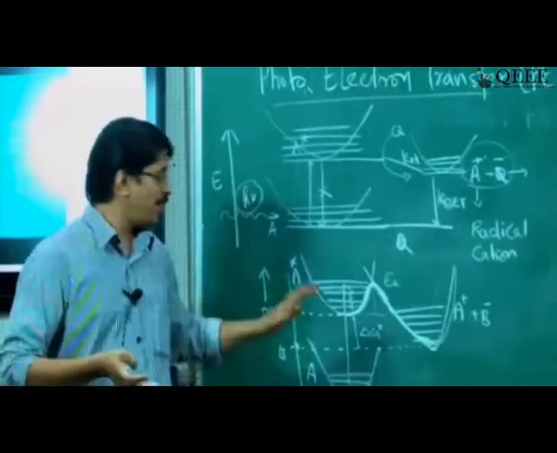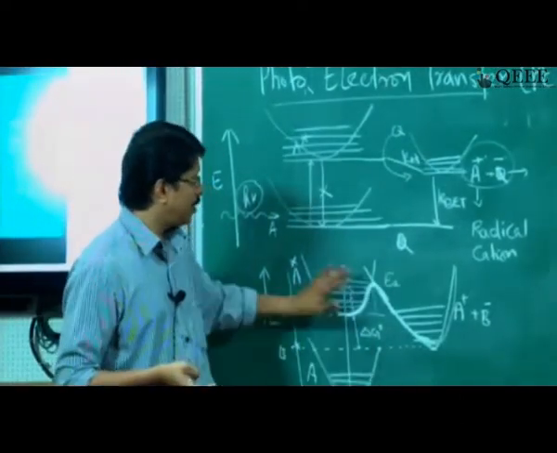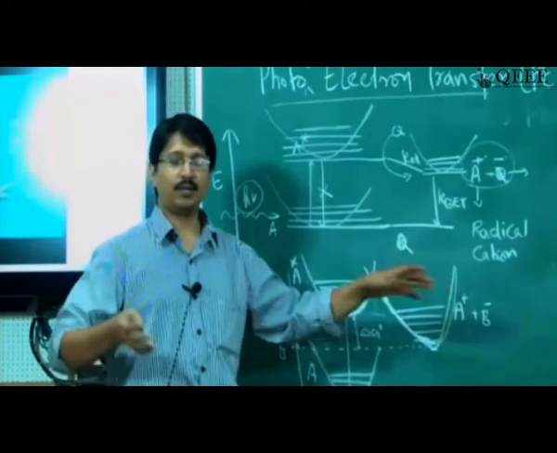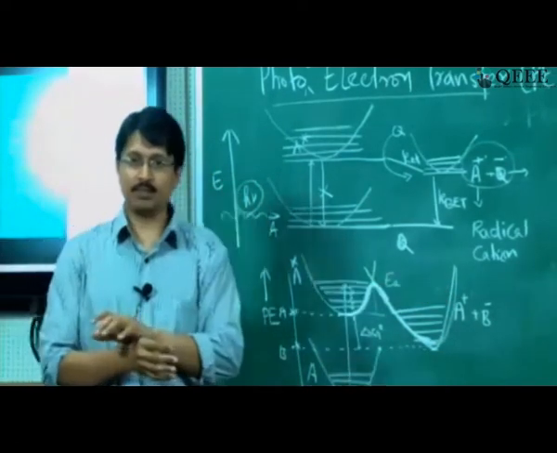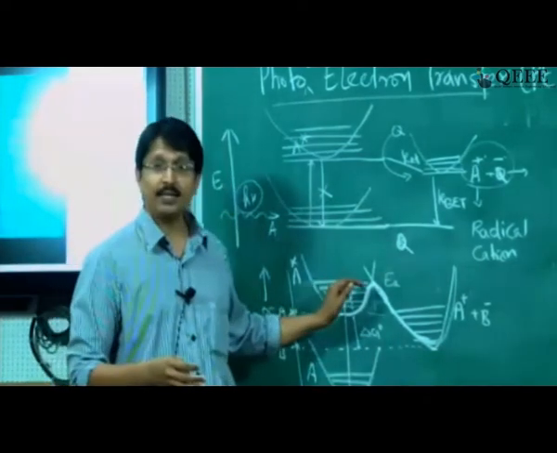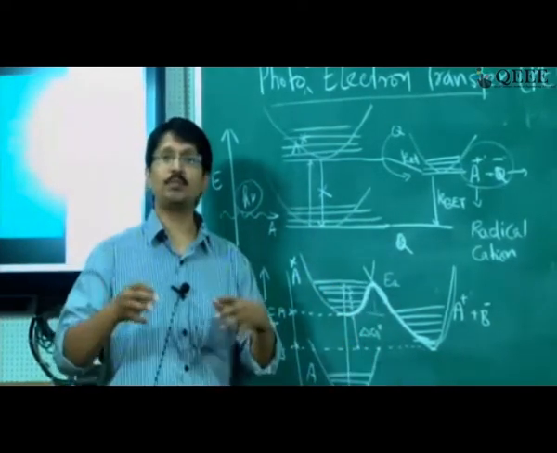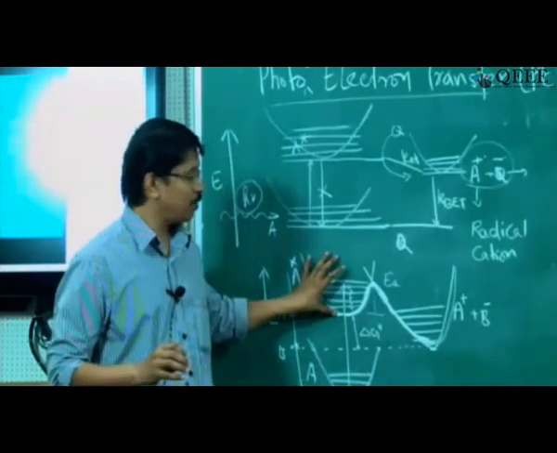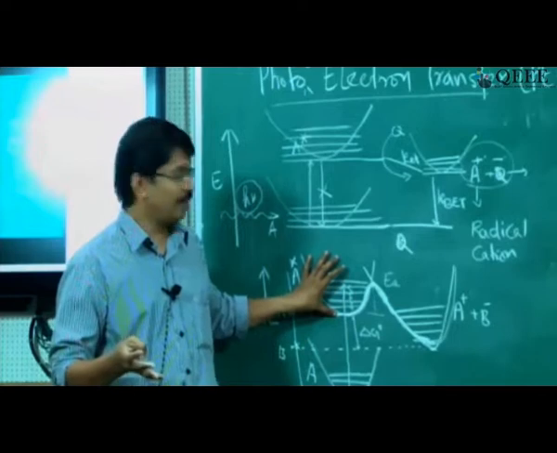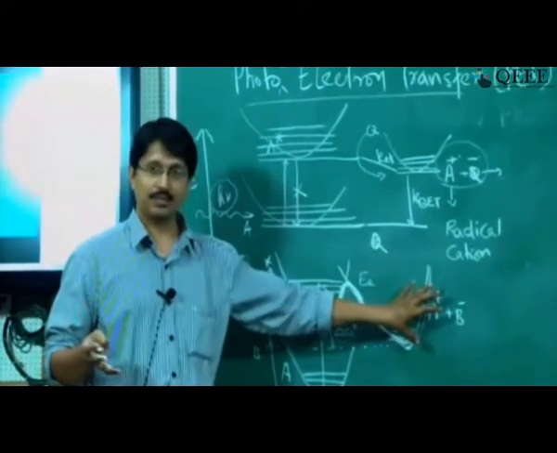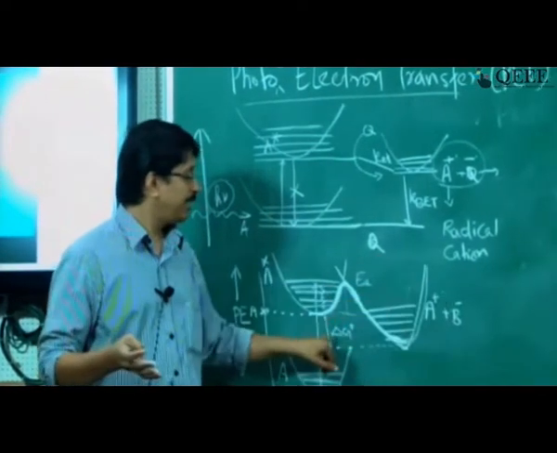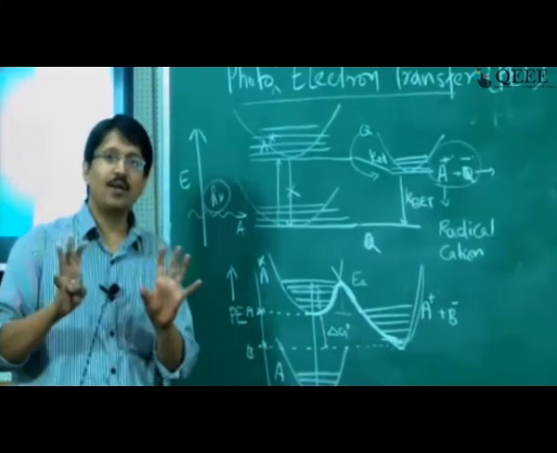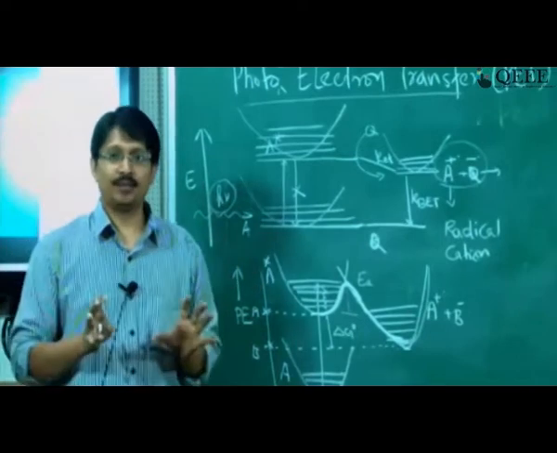In other words, forget about this, only these two curves, and I want you to draw different diagrams in such a way that delta G 0 becomes more and more negative. Keep this position the same. Think about altering this position in such a way that delta G 0 becomes more and more negative. You are going to see something which is very, very peculiar.